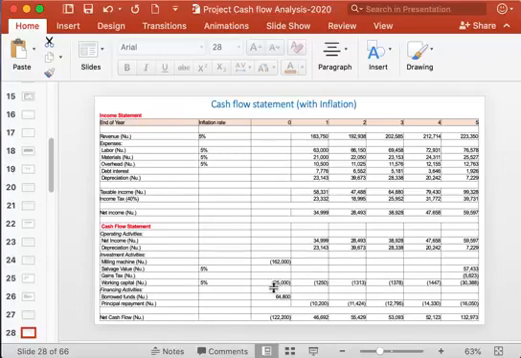So the initial working capital, that is 25,000, will be recovered at the end of the first year. But in the first year, because of the 5% inflation, the working capital will increase, and that will be 25,000 plus 5% of 25,000.